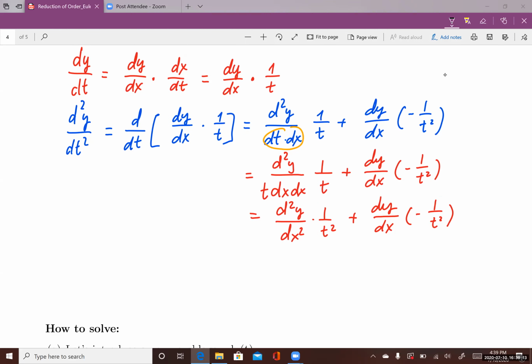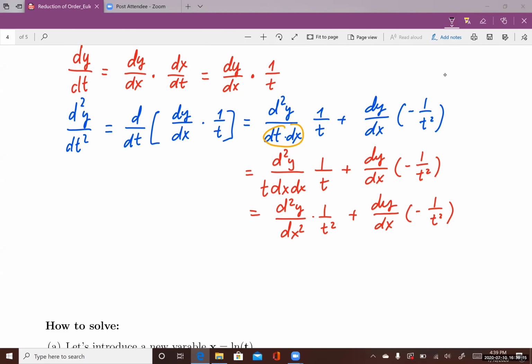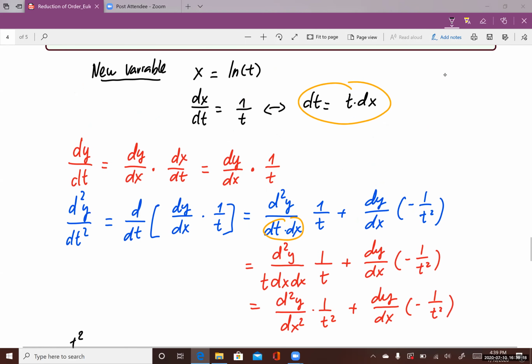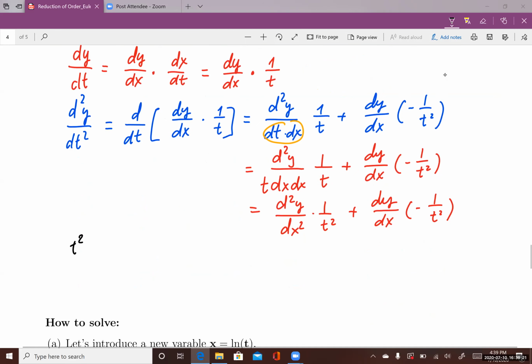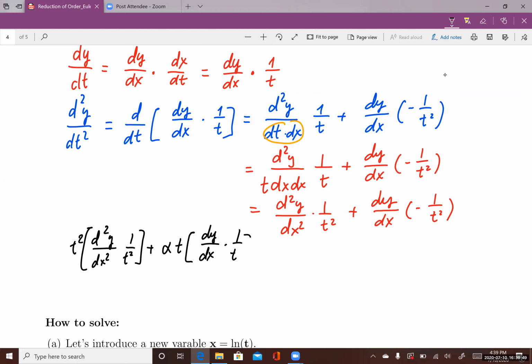We will get t squared times d squared y dt squared, which is this term, plus alpha t times dy dt, which is dy dx times 1 over t, plus beta y equals 0.